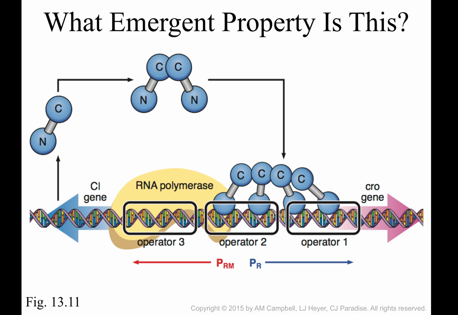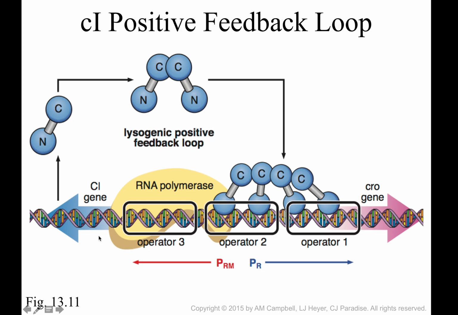Okay, so there's a feedback loop in that the product of turning on this operator makes a protein, which will come back and turn on the operator even more. Eventually, it'll make so much protein that it turns off operator 3, and RNA polymerase can't get on operator 3, and it shuts off production of this transcription factor. Okay, and that's going in this direction.